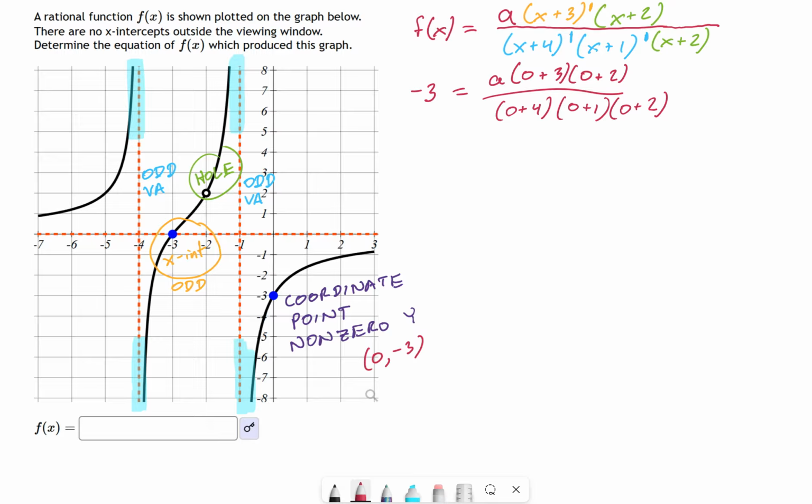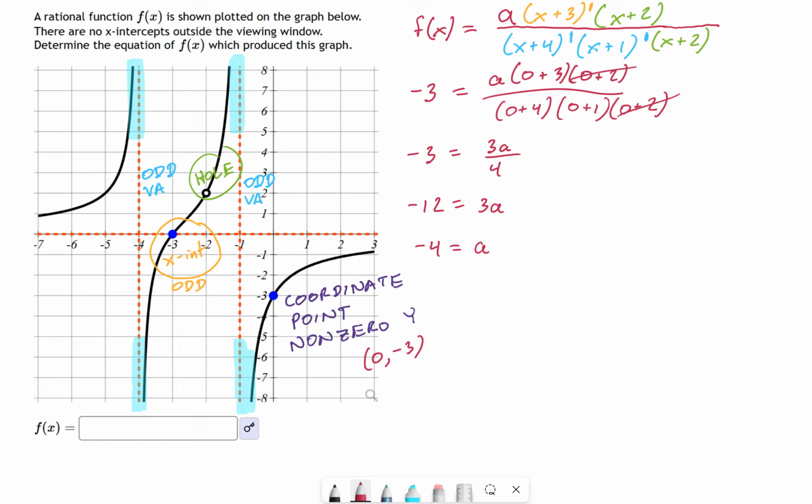Great. So two of these things just cancel out, which makes our life easier. This becomes -3 equals 3a divided by 4. That means -12 equals 3a, and that means -4 equals a.